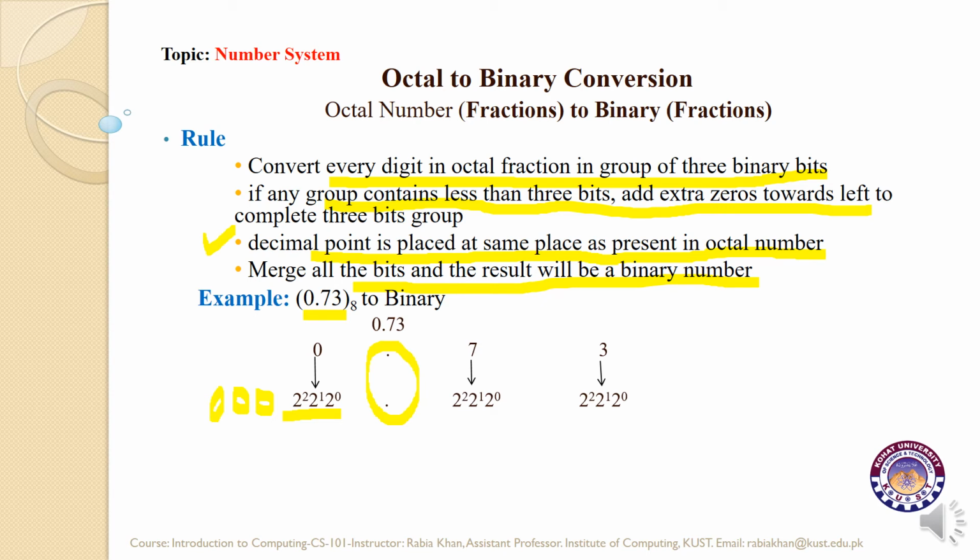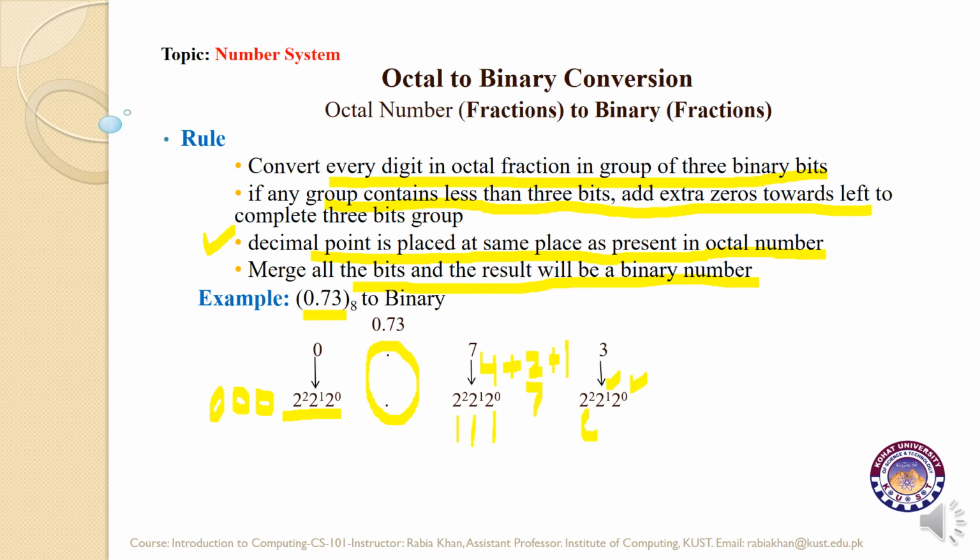So this will be a group of 3. And then 7: as you know, 2 raised to power 2 is 4, 2 raised to power 1 is 2, and 2 raised to power 0 is 1. That collectively makes 7. That means all the bits need to be switched on. And then 3: here you can see if we add the first and second bit, that will generate 3, while we switch off the last bit, that will generate octal 3.